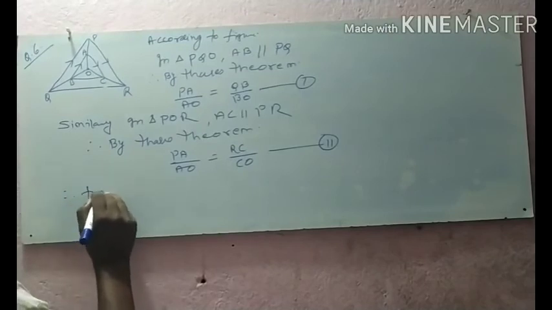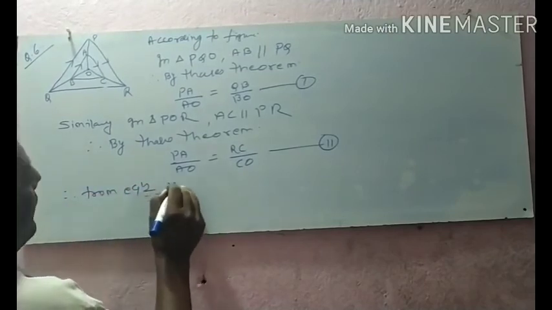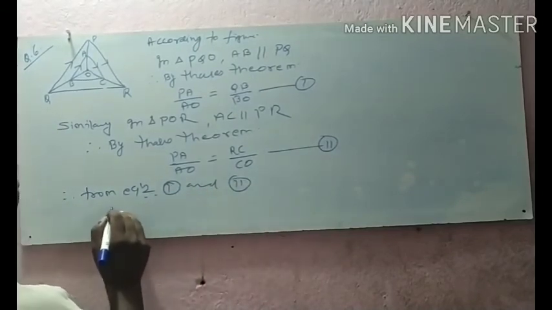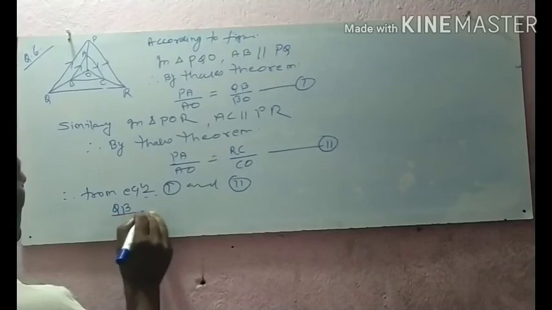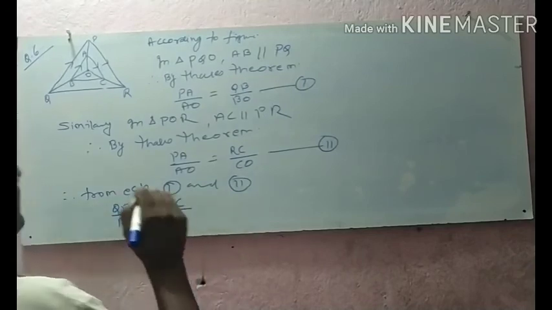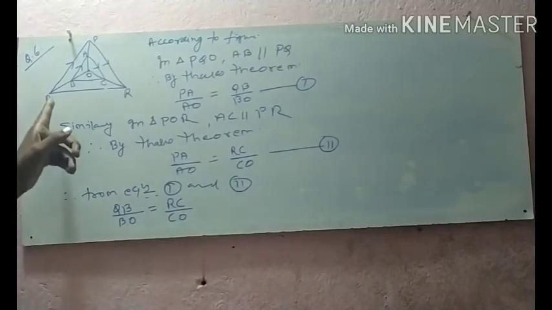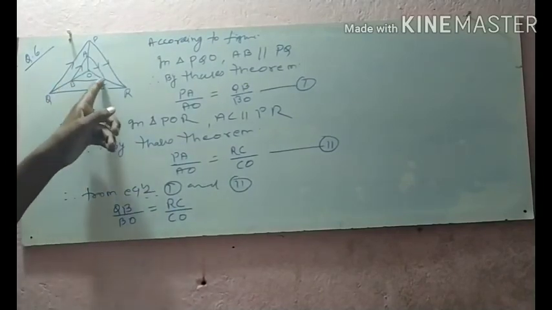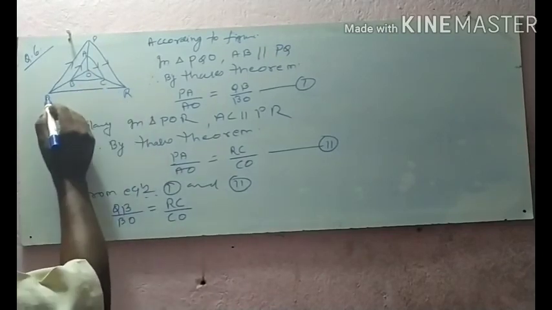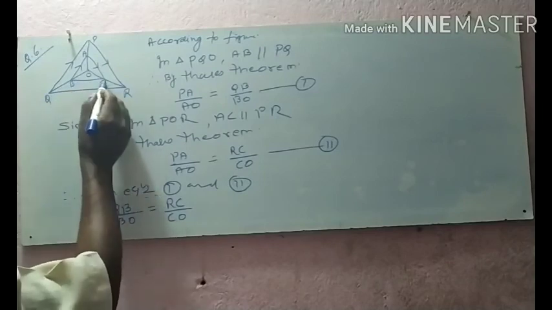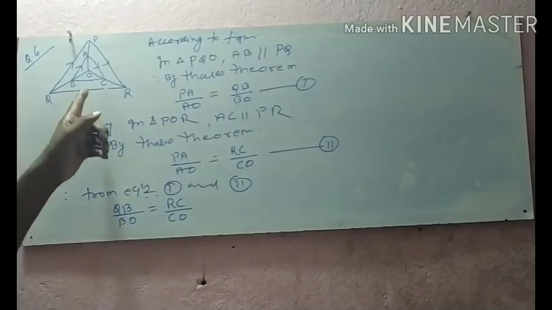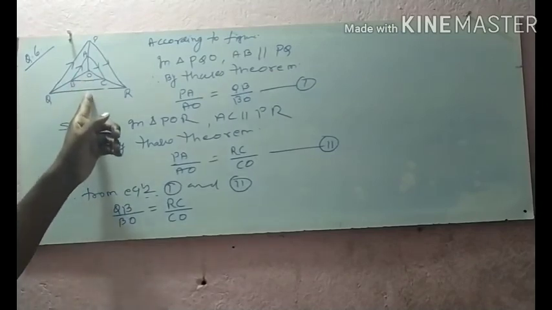Therefore, from equation first and second, QB by BO is equal to RC by CO. But in triangle QOR, QB by BO is equal to RC by CO. Therefore, by converse of Thales theorem, we can say that BC is parallel to QR.